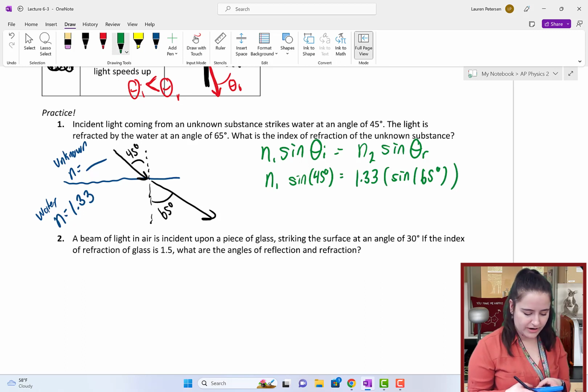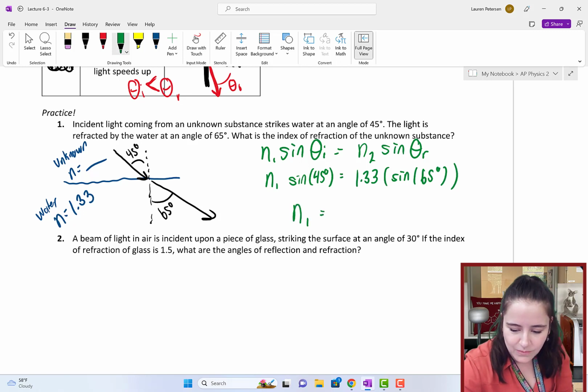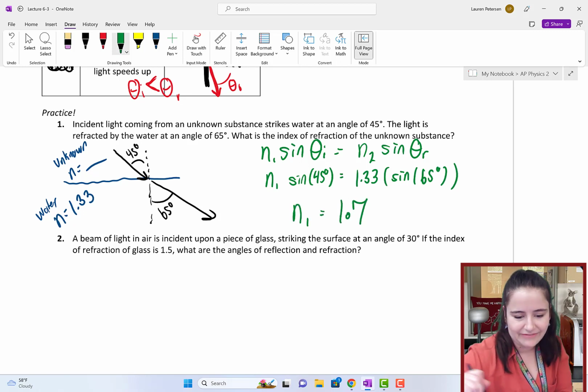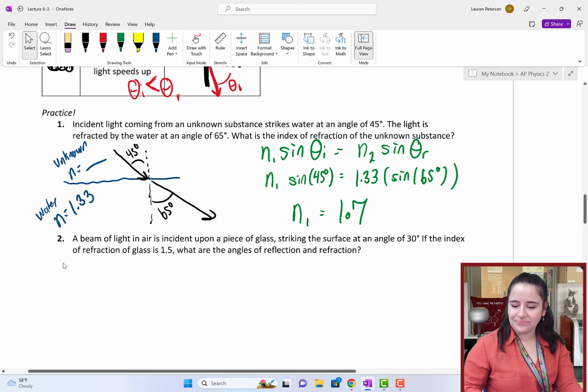So 1.33 times sine of 65 degrees divided by the sine of 45 degrees gives us 1.7. So N1 equals 1.7, which is higher than 1.3. So it probably checks out. Yep.